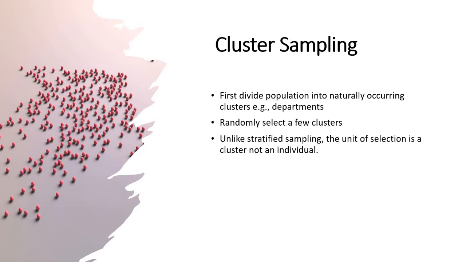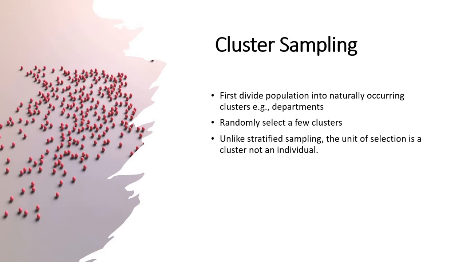So another approach which can be applied in some situations is cluster sampling. In cluster sampling, we first divide population into naturally occurring clusters. For example, in case of a university, naturally occurring clusters can be departments. And then we randomly select a few clusters. Suppose we randomly select 10 departments out of 70, and then we go to those departments and interview all the students. This is different from stratified random sampling.